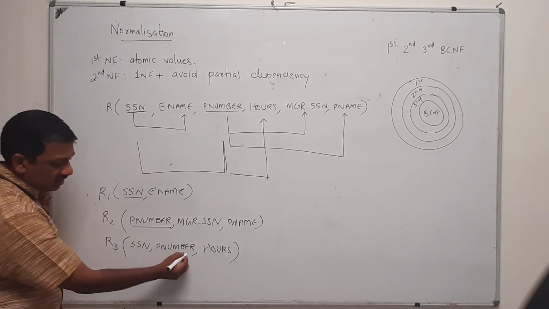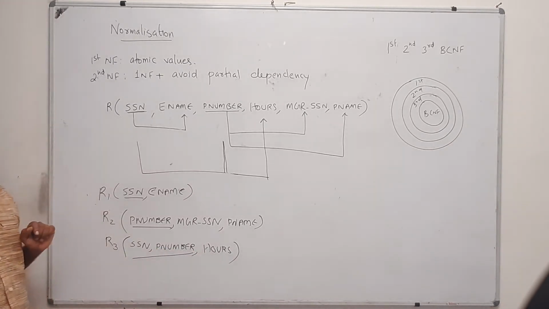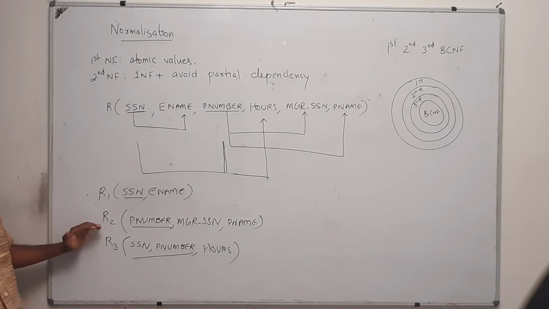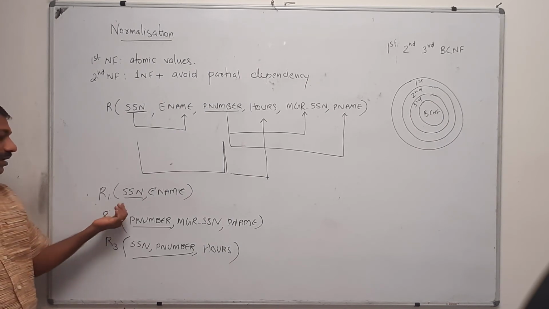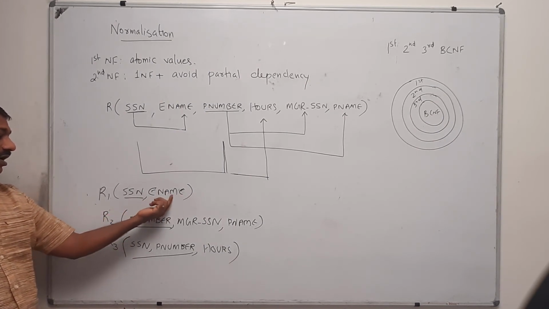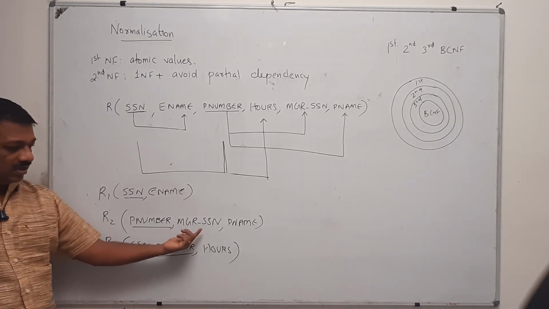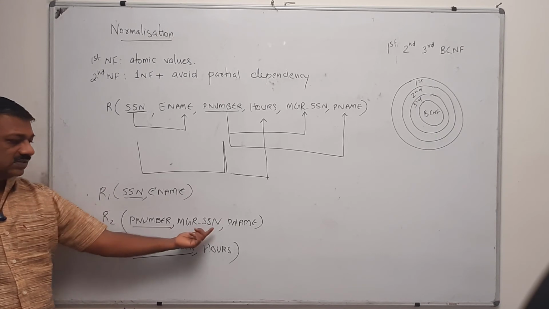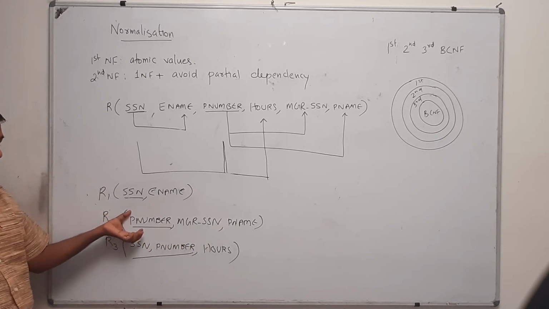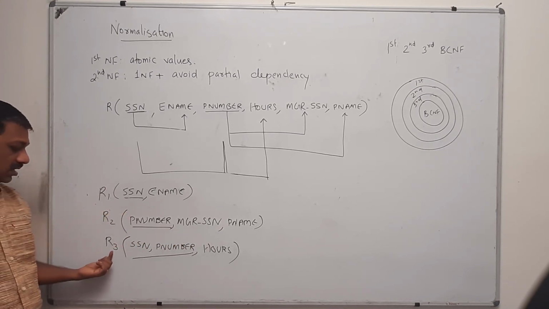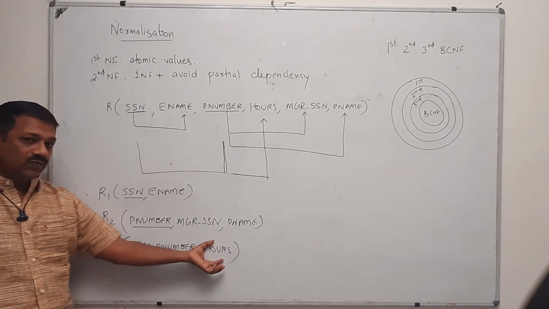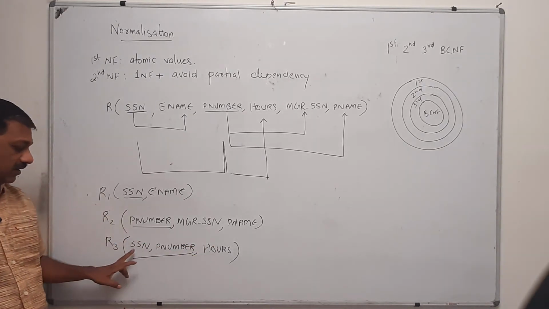That means these two together form the primary key. Now I have divided this into 3 tables. Here every non-key attribute is fully dependent on this primary key. Here every non-key attribute, MGR SSN and P name, fully depends on P number. And here there is only one non-key attribute, which is fully dependent on this.